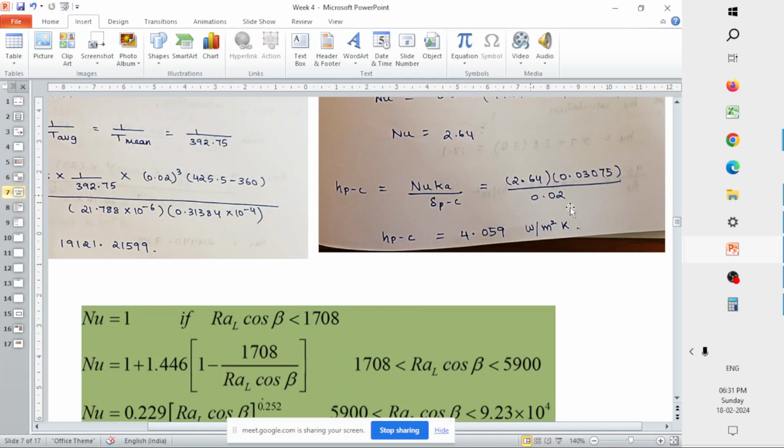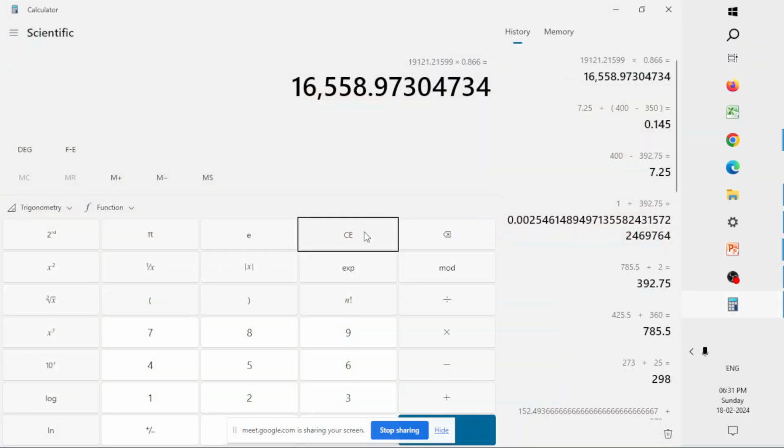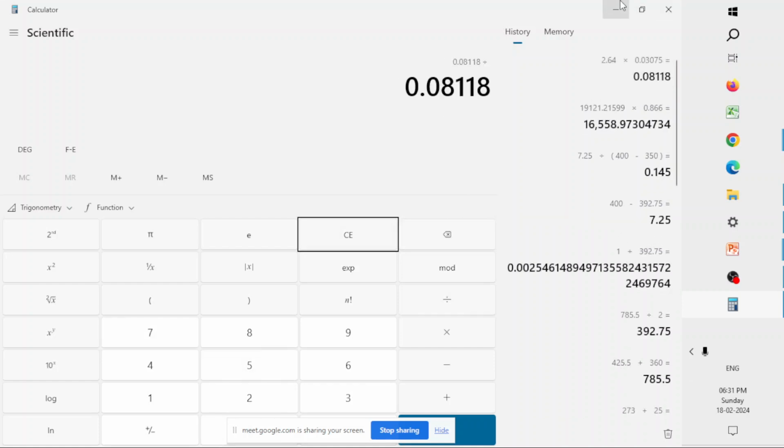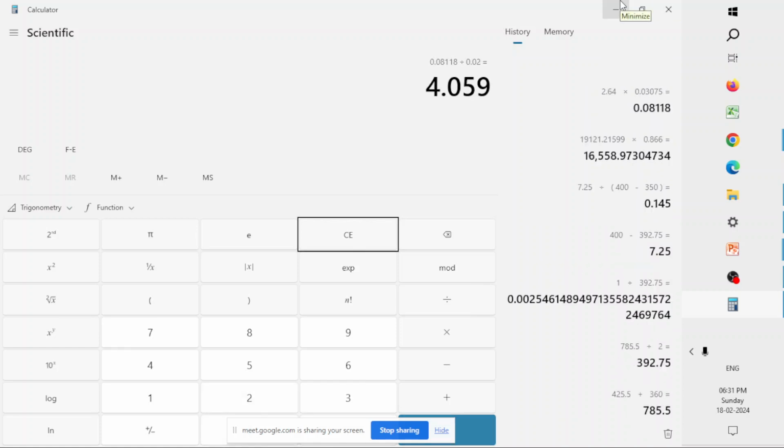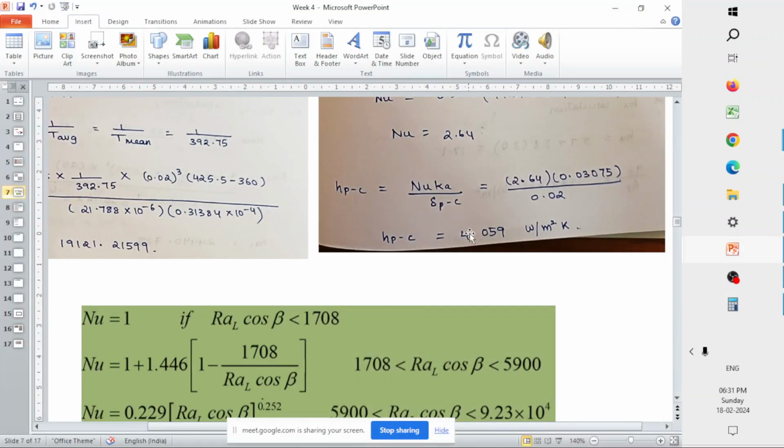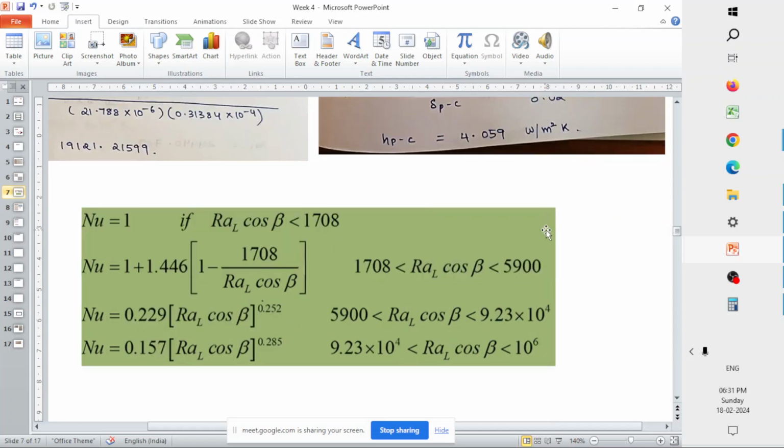If you calculate this, you will get 4.059 watt per meter square Kelvin. So now you know the heat transfer coefficient between the plate and cover 1.